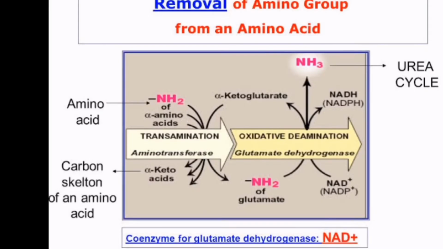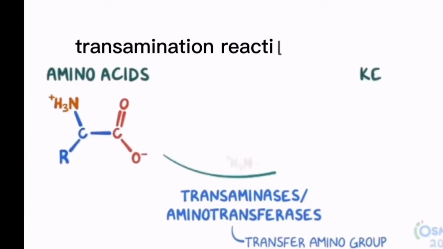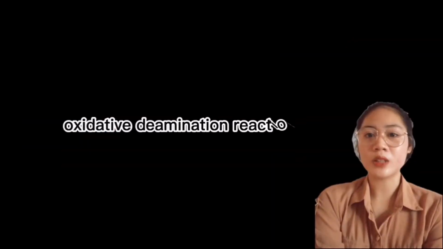First is the removal of the alpha amino group, and the second is the degradation of the remaining carbon skeleton. Two different types of biochemical reaction are needed for the removal of amino groups from amino acids. They are transamination reaction and oxidative deamination reaction.